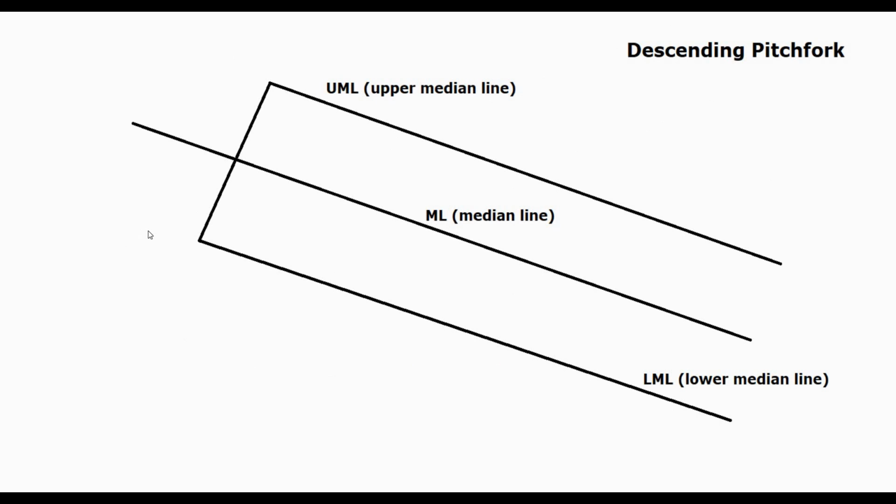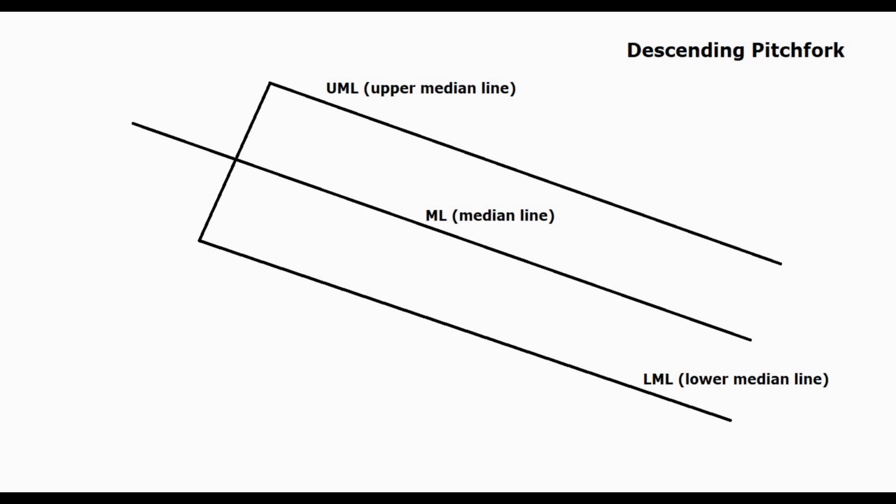So all you have to do is to select 3 points, 3 pivots, 1, 2, 3, and the platform will draw your descending pitchfork trading tool. So this tool is very important.